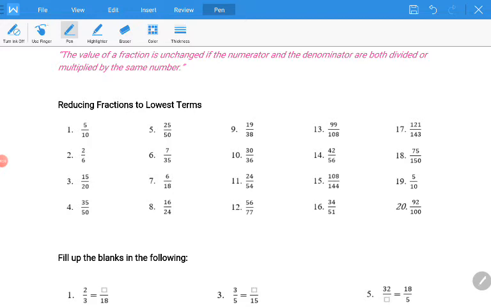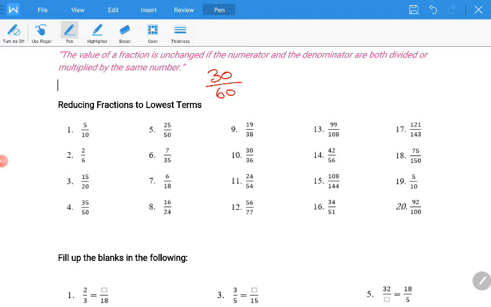Let's look at the example of the bus that I gave. It means the bus is carrying 30 people out of its capacity of 60. This fraction is not in its lowest term. And normally when performing mathematical calculations, we are required to reduce our answers, if they're in fraction form, to lowest terms.